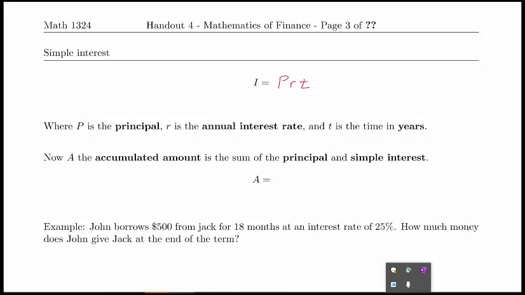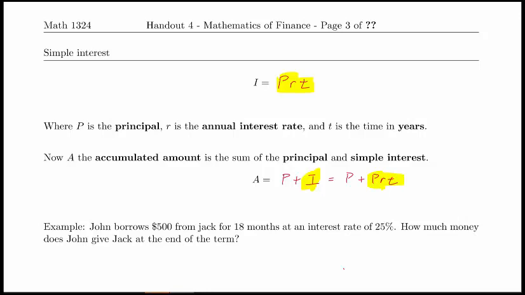Now we're going to move into the value A, and A is the accumulated amount. It is the sum of the principal and the simple interest, and so it's simply P plus our capital I. And we already have a value for capital I. PRT is capital I, so we substitute that in, like so.